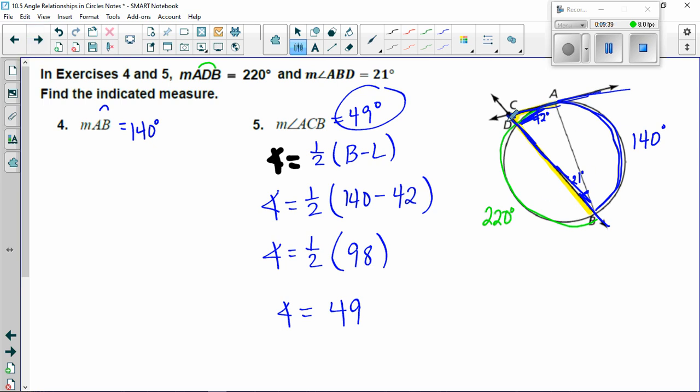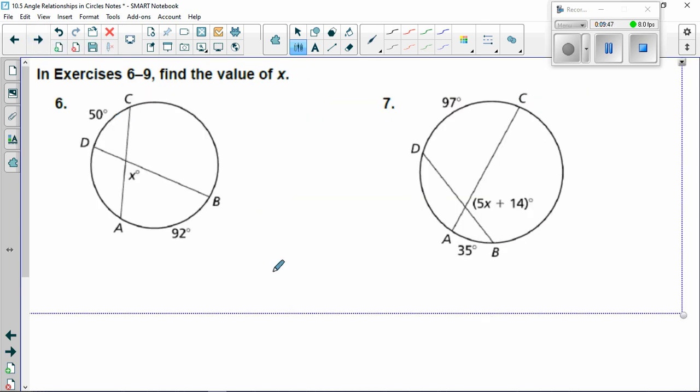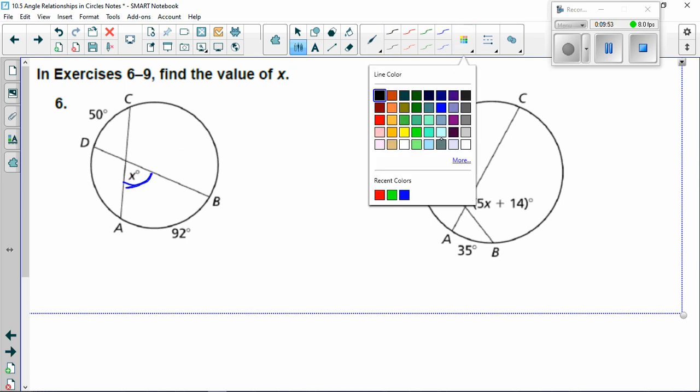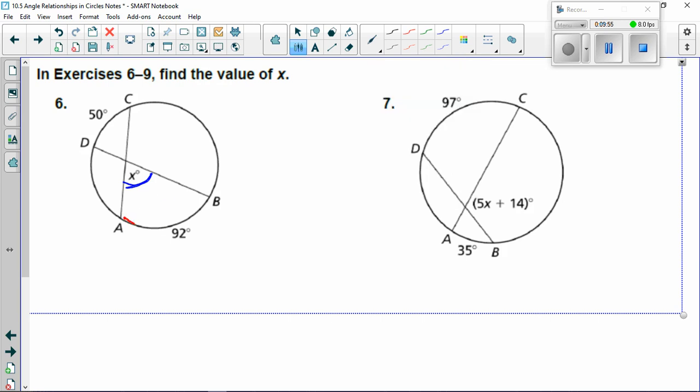So always identify where it's at. Is it inside, outside, or on? All right, so now we're looking for this angle right here. So that means this arc and this arc. Since it's inside and not the center, the angle is equal to half of arc 1 plus arc 2.